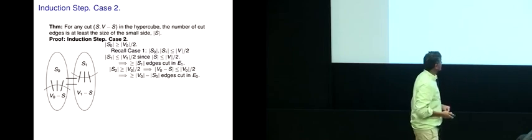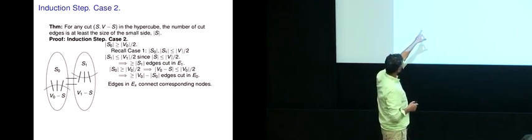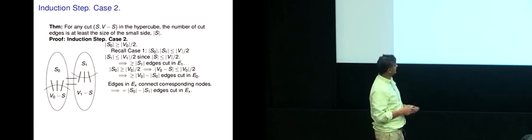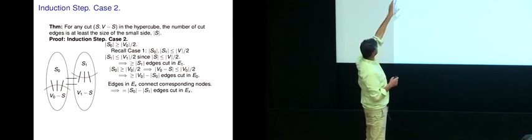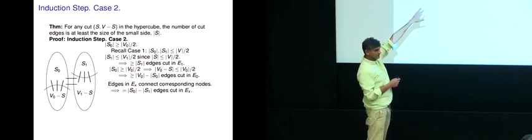Now finally, we're going to count these edges across. Edges in EX connect corresponding nodes. Every vertex here has a partner over there. There are only S1 partners over there.